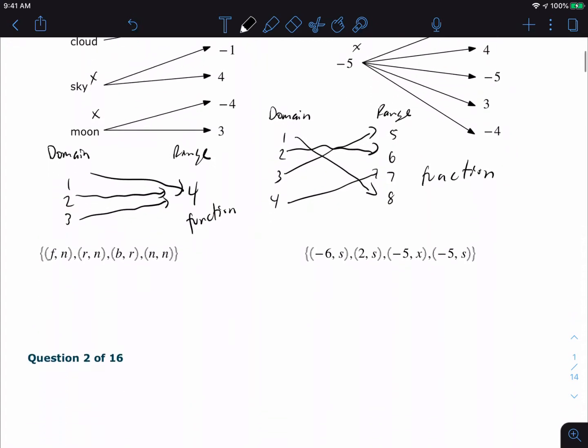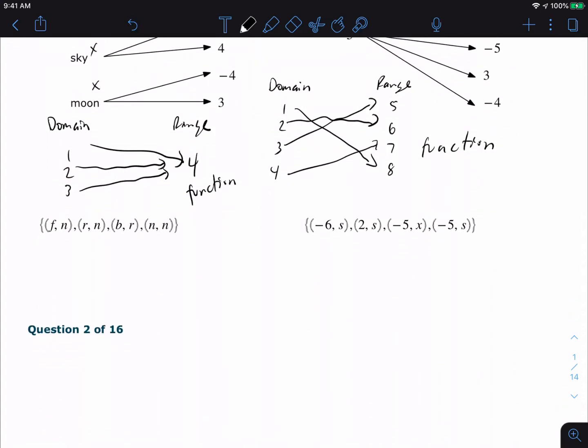Okay, now, so let's look at this bottom one. Now, again, the domain is going to be the first letter in the parentheses, and the range will be the second letter in the parentheses. So then my domain in this example is going to be F, R, B, and N, right? It's these guys.